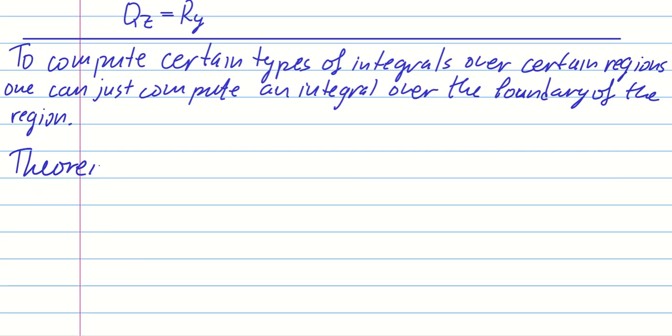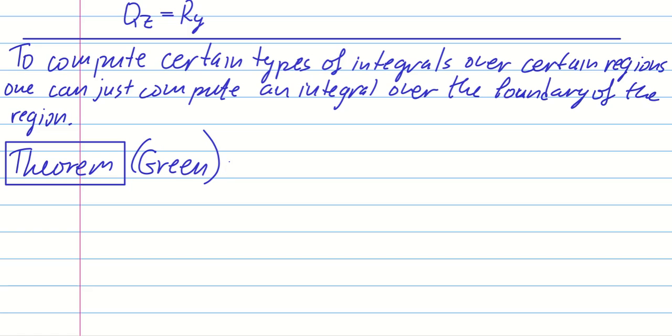So our theorem, which has the name of Green assigned to it, and how does it go? It goes the following way.